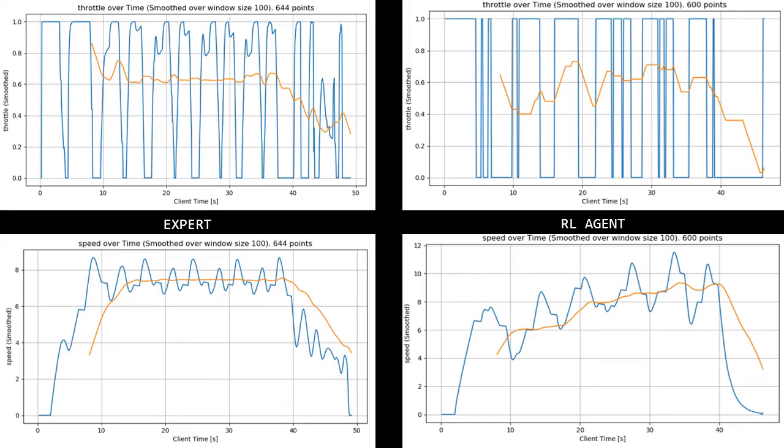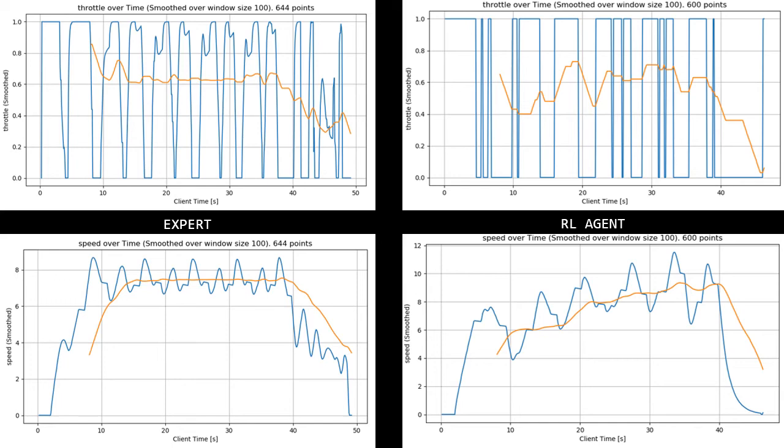Here are nevertheless the profiles. Although the features are matching, on the left is the expert, on the right is the RL optimal agent. You can see that, for some reason, the expert was not so smooth during the new demonstration I did.